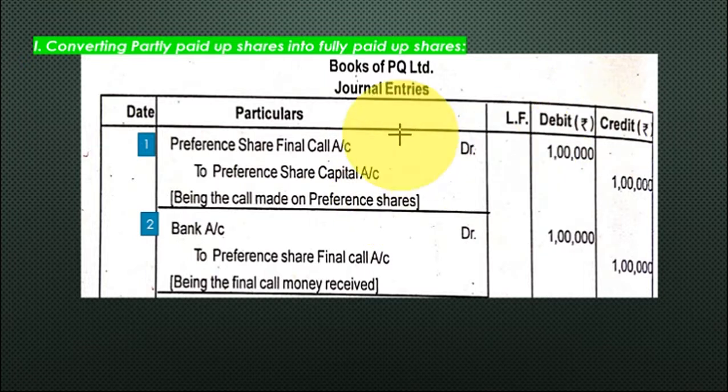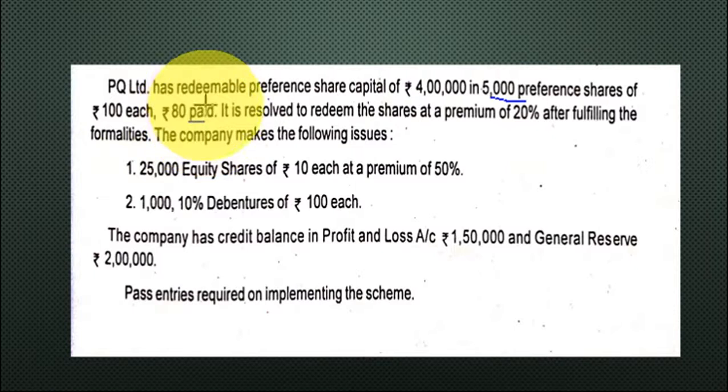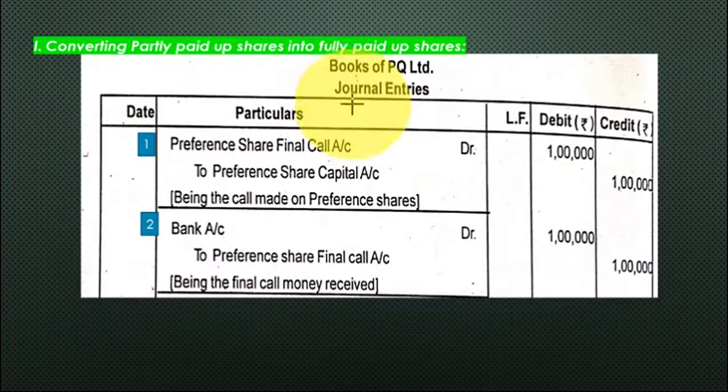So how much is it? See here in the problem, 5,000 preference shares of rupees 100 each, 80 paid. So remaining money is 20 rupees, right? So 20 is the final call. So 5,000 into 20, that is 1 lakh. So we are passing preference share final call account debit to preference share capital account 1 lakh.